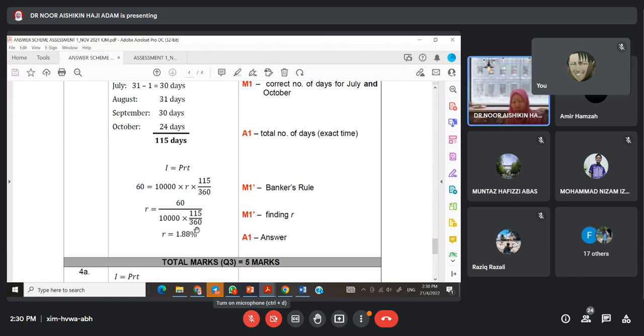Therefore, the answer is 1.88%, bukan 1.9. Untuk ringgit dan sen pun sama, kena 2 decimal places.